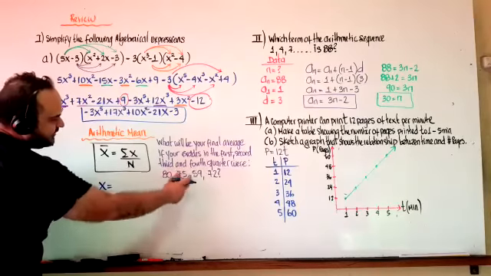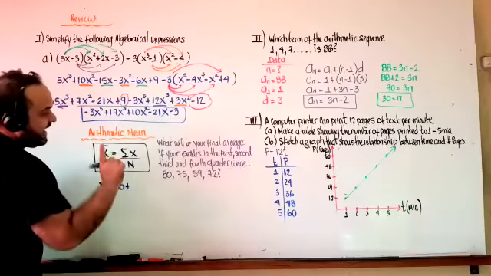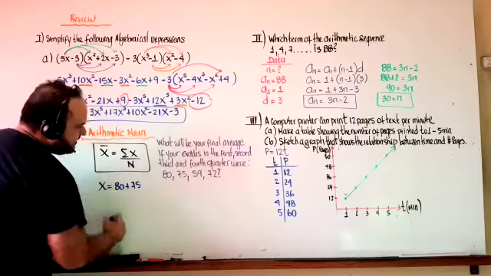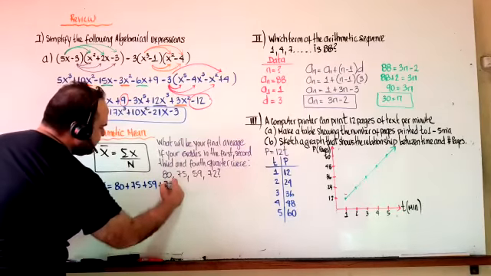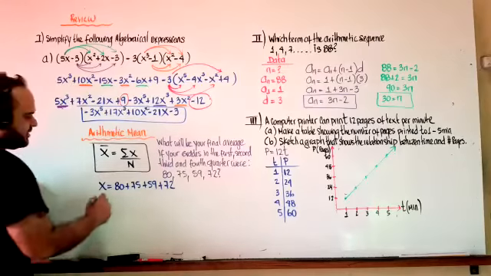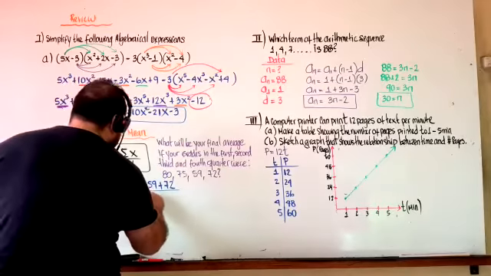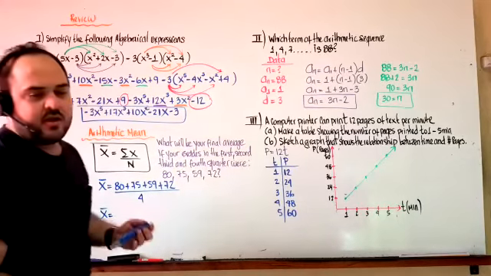What is the quantity that we have over here? We're going to add: 80 plus 75 plus 59 plus 72, and the addition of these 4 numbers is divided by the quantity of data in the problem. How many data do we have? 4, so we divide by 4. This is the way to find the arithmetic mean or average.